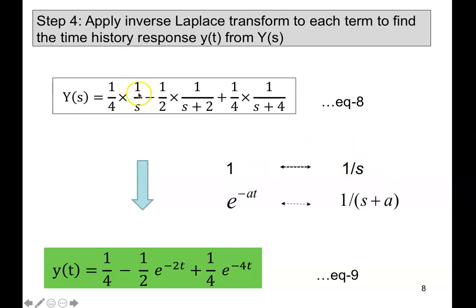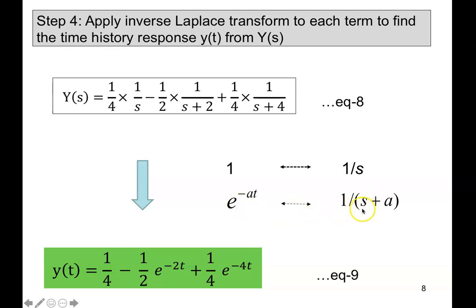So 1 over s becomes 1. That's 1 over 4. Minus 1 over 2, that's a constant, so I copy that constant down. 1 over s plus 2, that's this format. a equals 2, so I replace this by e to the minus 2t. 1 over s plus 4, again, it's an exponential function.